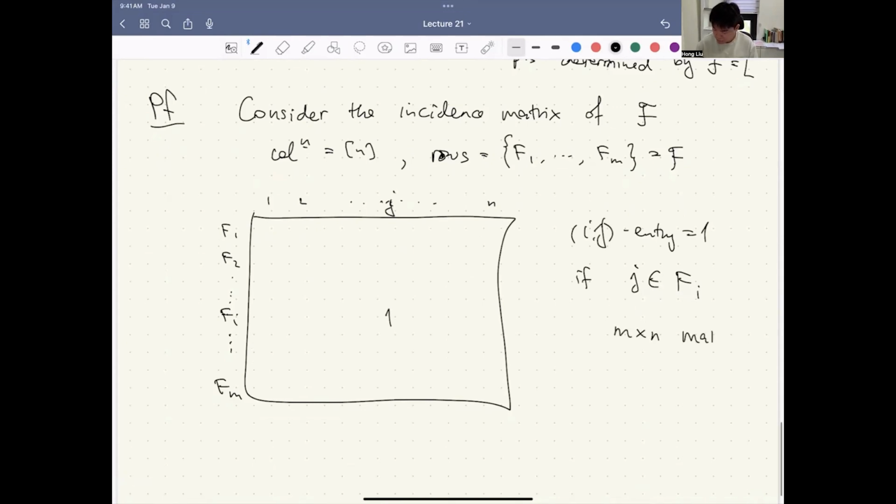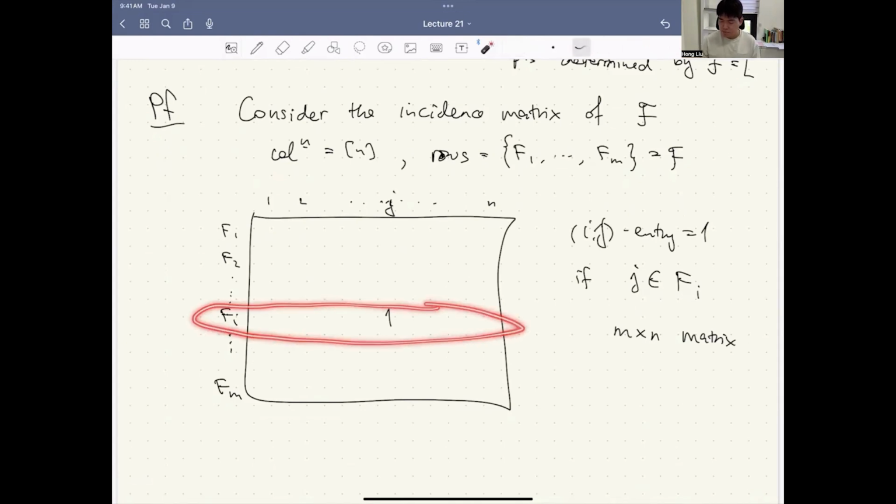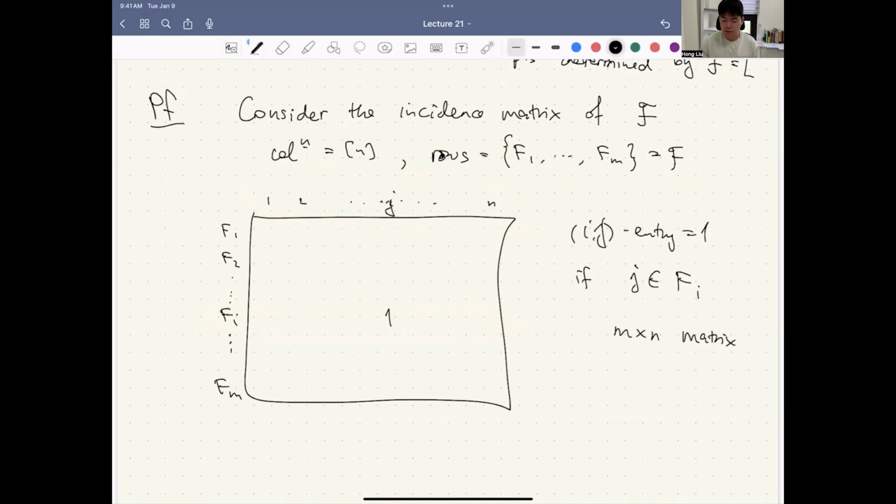All right. So now naturally each set in F corresponds to a vector in R^n, right? So each set Fi in F, we write it as a 0, 1 vector in n dimensions.